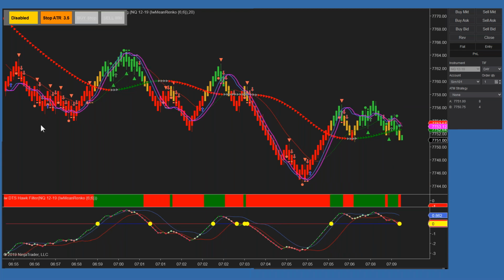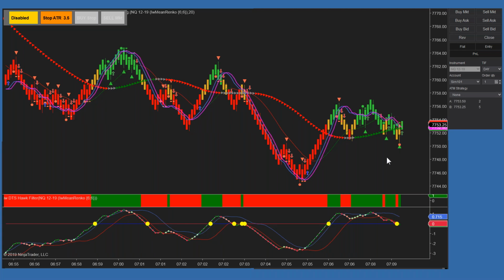Okay, so now the regression lines are suggesting the market is more bearish. Don't have a sell signal.